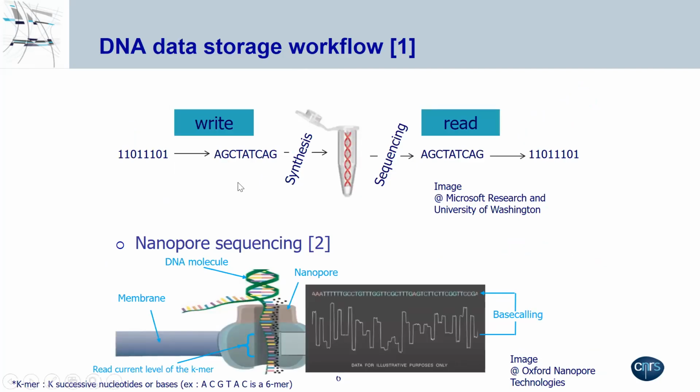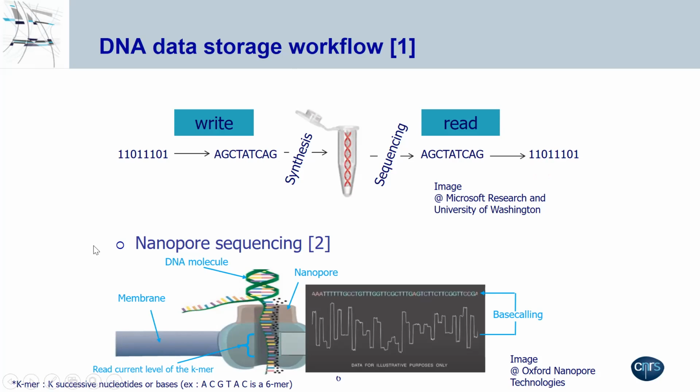So as other data storage systems, DNA data storage works in two steps. A writing step where the digital data is transformed into synthetic DNA through a synthesis process, and a reading step where the synthetic DNA is read using a sequencer to retrieve the original data.